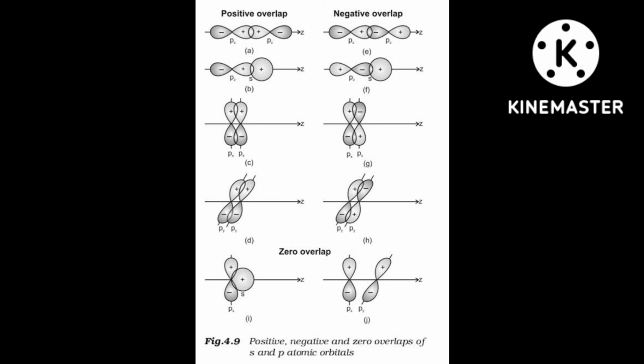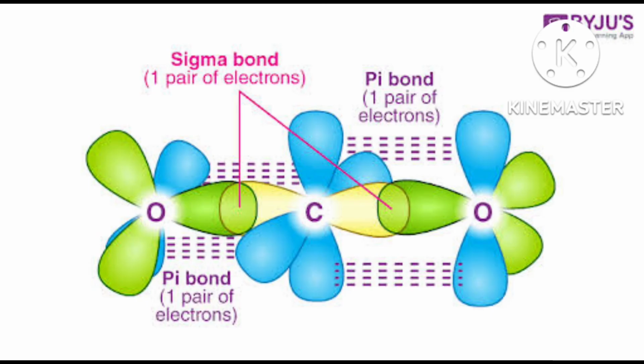This can be formed in many ways. I will give you an example. First is s-s overlapping: the s orbital is spherical, symbol just like a ball or a 0.